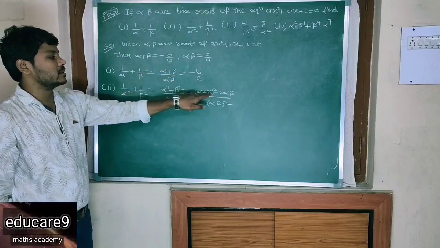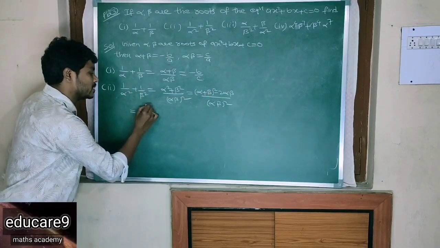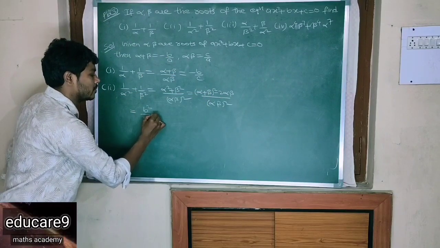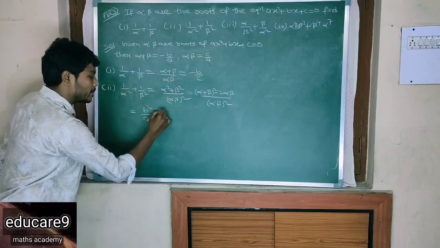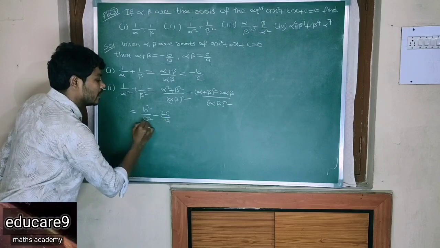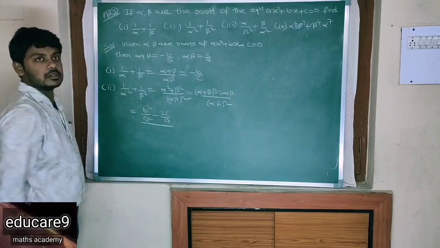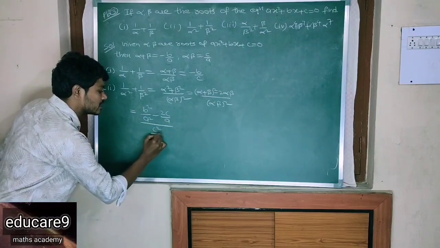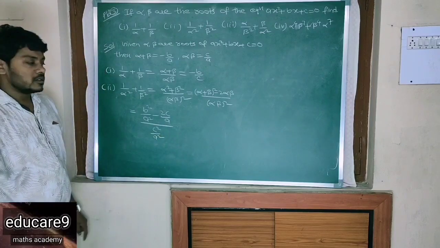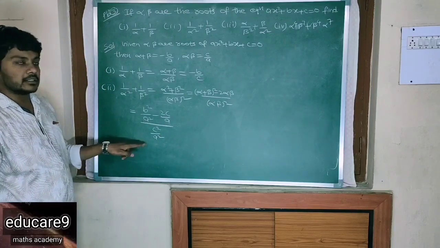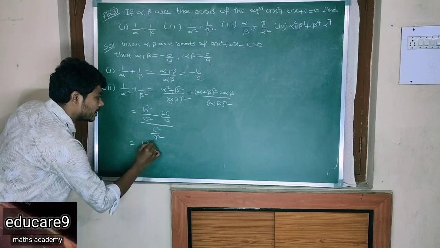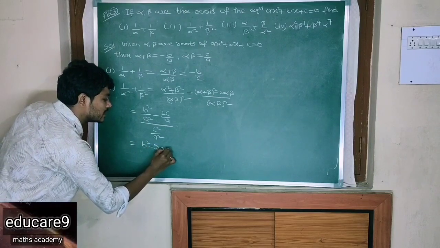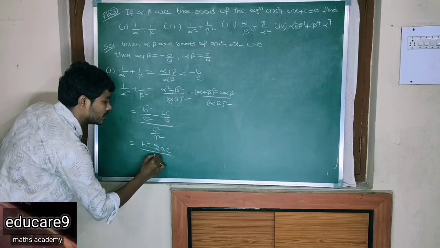Minus b by a whole square. This is b square by a square minus 2 alpha beta, 2c by a, and alpha beta whole square, that is c square by a square. So here both LCMs get cancelled. You get (b square minus 2ac) divided by c square.